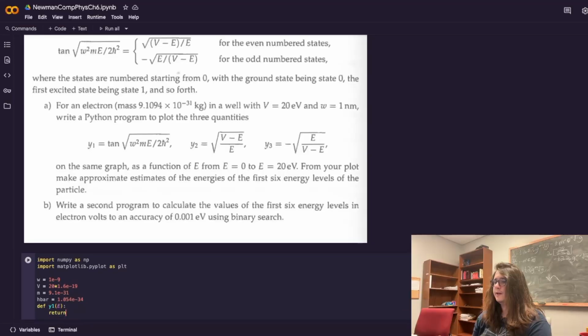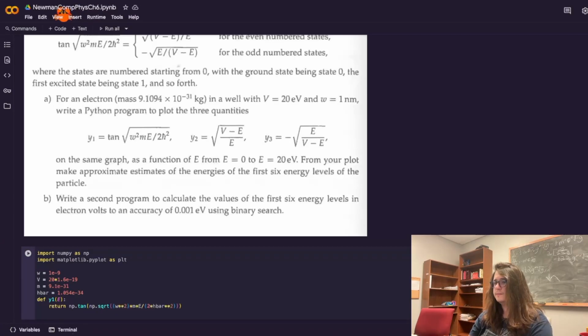It's going to return the tangent of the square root of W squared, which I'm going to also put in its own parentheses, times M times E divided by 2 times H bar squared.